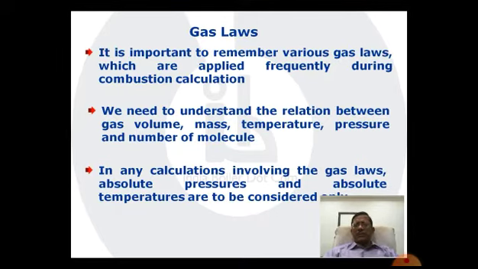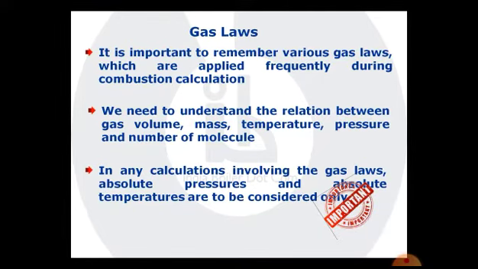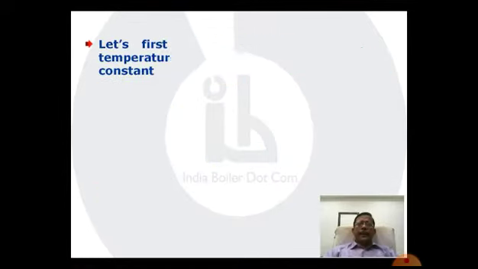Absolute pressure, I told you in the last tutorial, is the actual pressure of the system, not the gauge pressure. And absolute temperature should be taken as Kelvin, not degree centigrade. Please make this a very important point in all calculations related to gas laws. Do not make this mistake. Do not forget to convert the degree centigrade into Kelvin before putting into calculations.